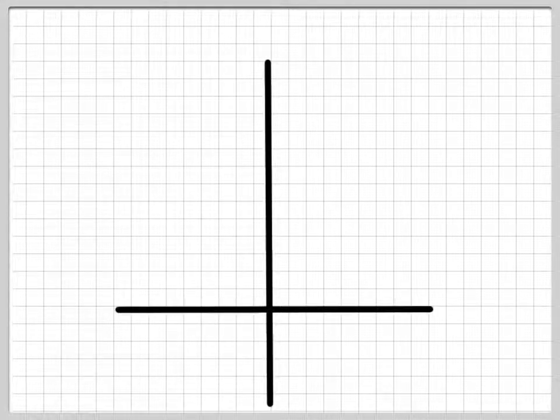All right, so I'm going to create an axis. I'm going to plot points. The first one was 1, 3, which puts me right here. The second one was 2, 6, which puts me here.